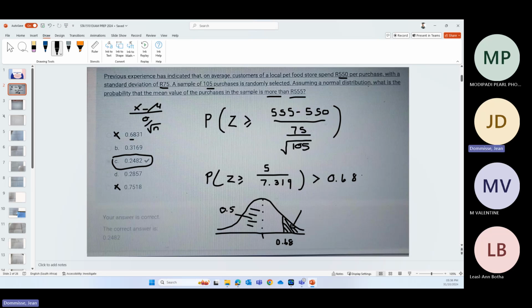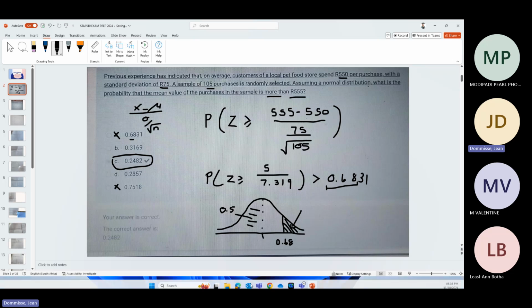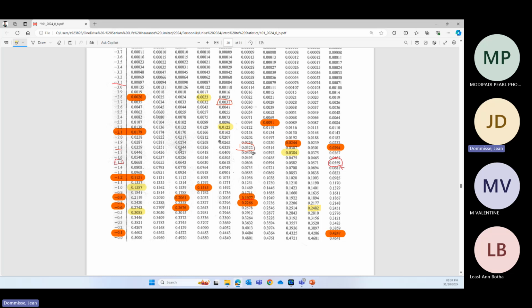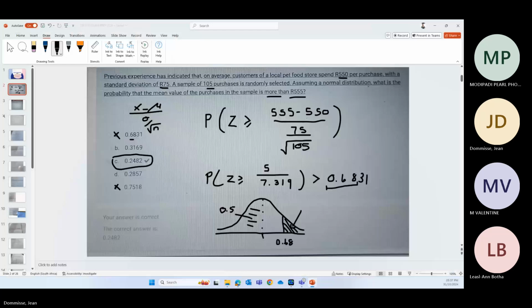Let's round off 0.6831 to 0.68, and that's what we're going to look for on the table. On the table, 0.68 is 0.2482. Okay, and that is what we were looking for.